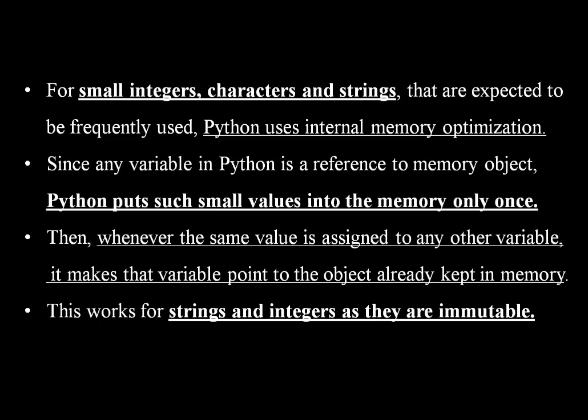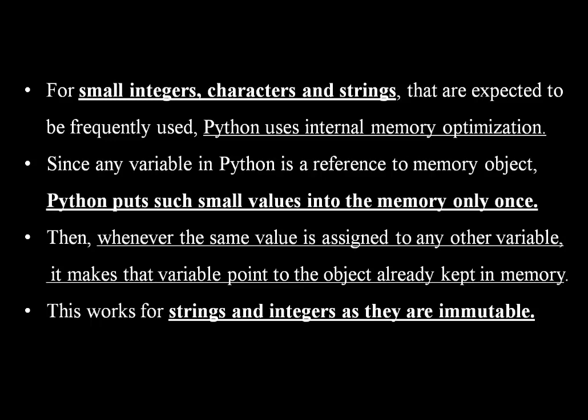So that means if A is equal to 10, 10 is already in the memory, so there is a variable pointing to 10. Now if B also wants to store 10, it will not create another location because already in memory 10 is there and A is pointing to 10. Why create another copy of 10?